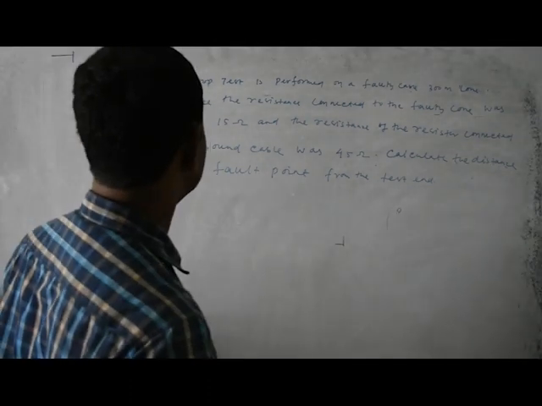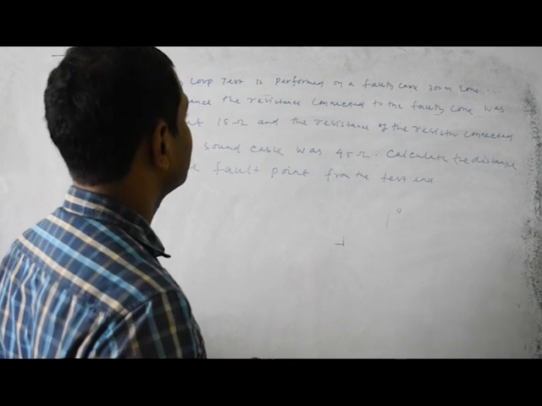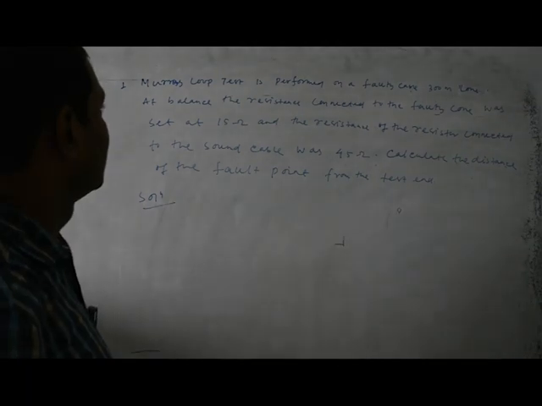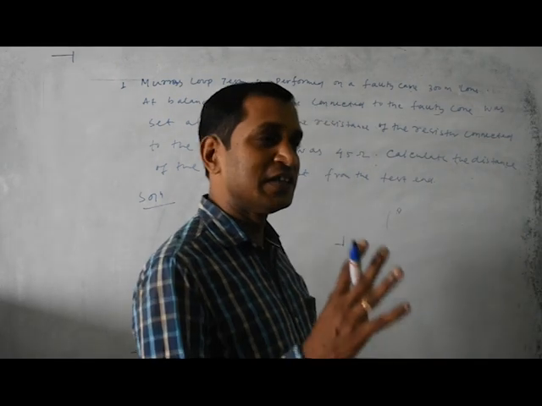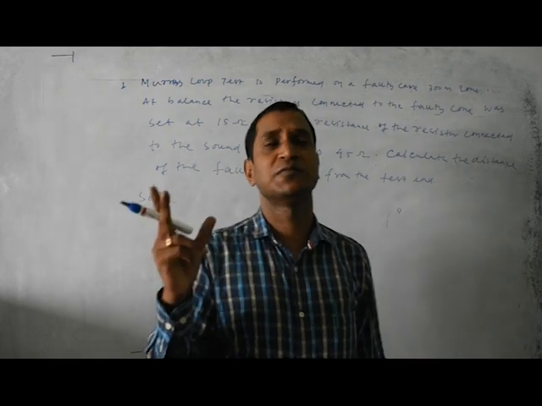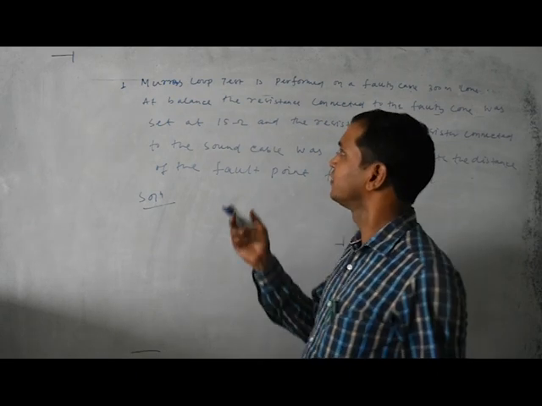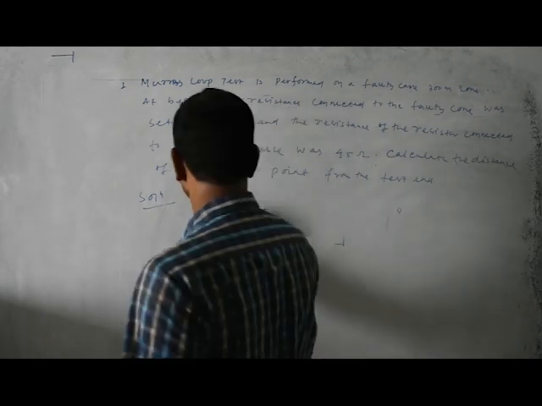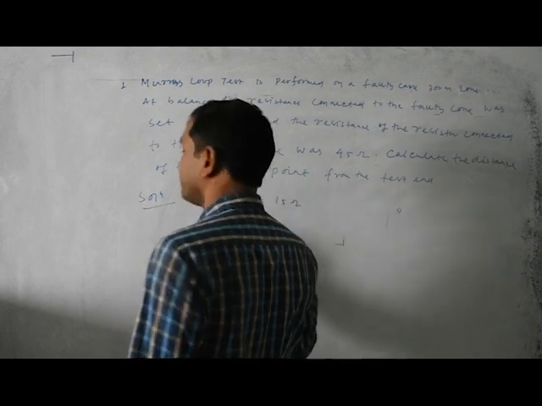From the figure, what are the given items? Here, in the Murray loop test, we consider two variable resistors, P and Q. R is the sound cable, X is the fault cable. At balance, the resistance connected to the faulty cable, X, is 15 ohm.